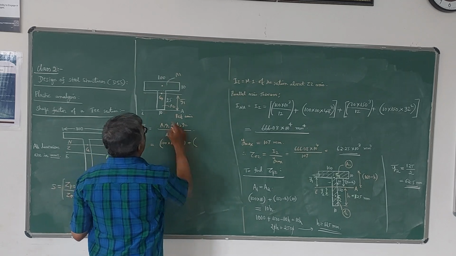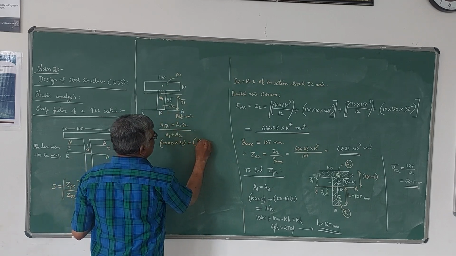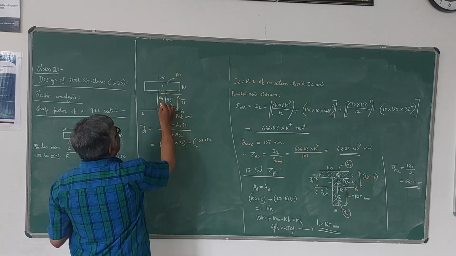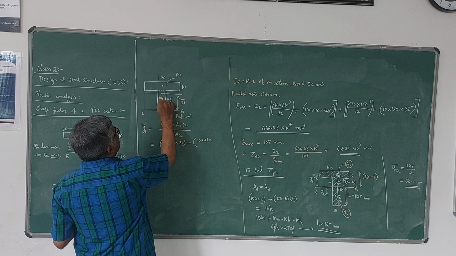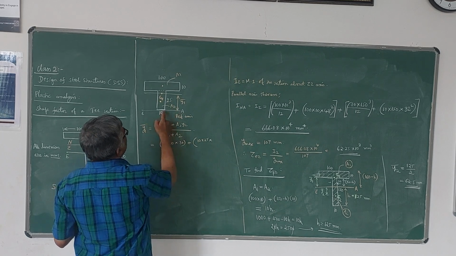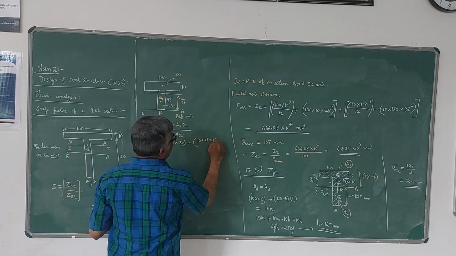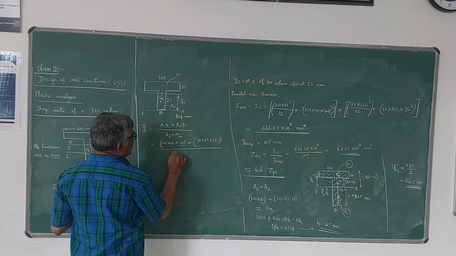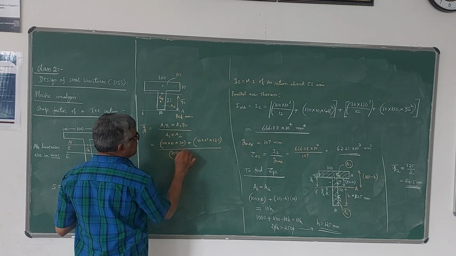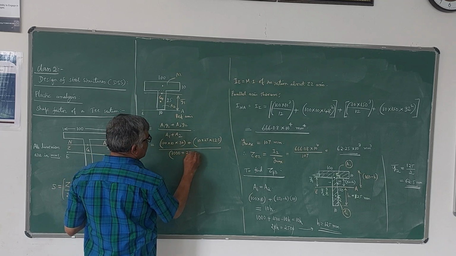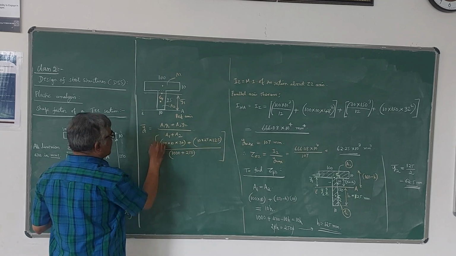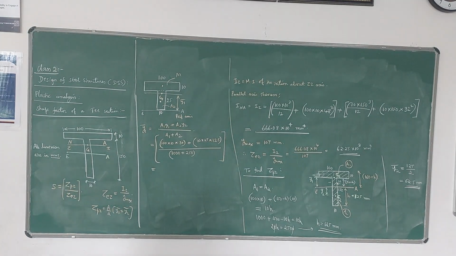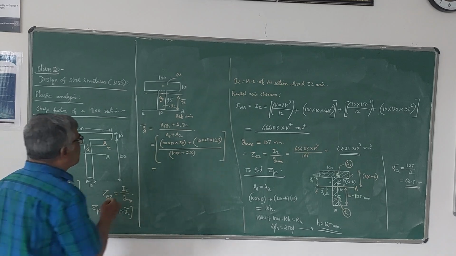Plus A2 here is 10 into 25, area of the red portion, multiplied by the distance of the centroid of this red portion from this reference axis, which is half of 25, that is 12.5, divided by A1 plus A2, that is 100 into 10 plus 10 into 25, that is 1250. So simplify this, and you will get the value of y1 bar. I think y1 bar you will get 26.5 mm.